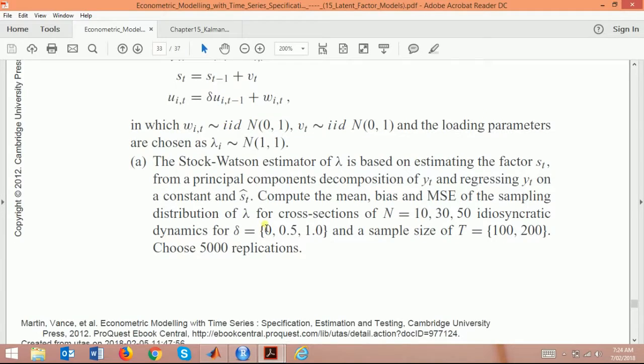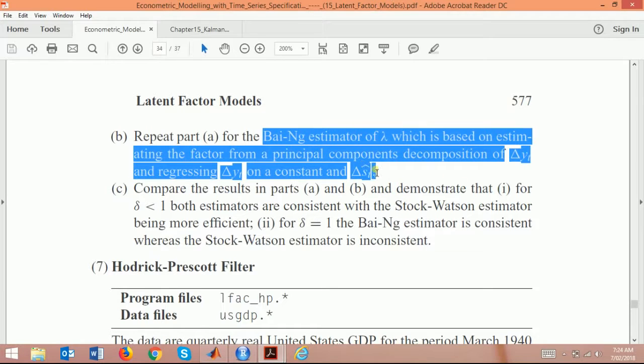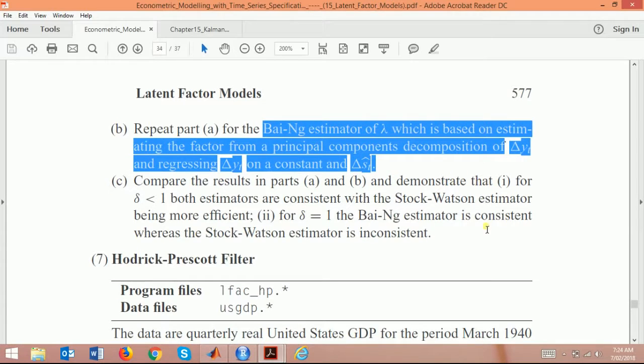By specifying idiosyncratic dynamics, what I'm trying to say is different sizes of variables, and I'm gonna do by NG, which is based on delta y and delta s, basically first differences, and compare and see which one is the best one.